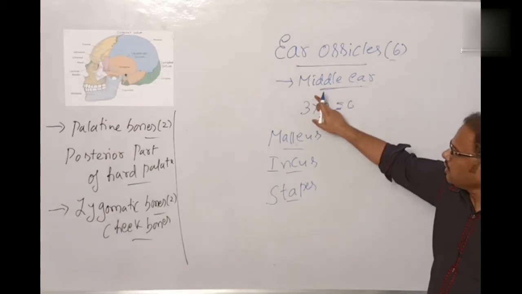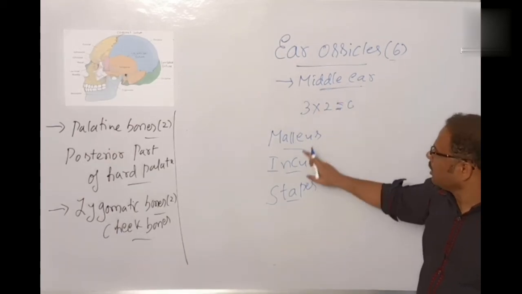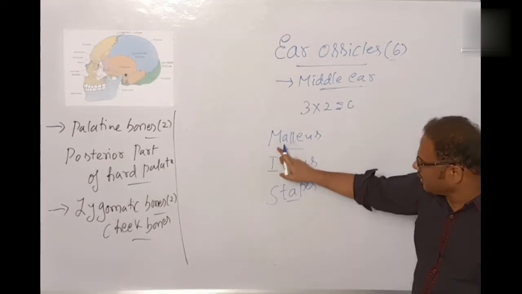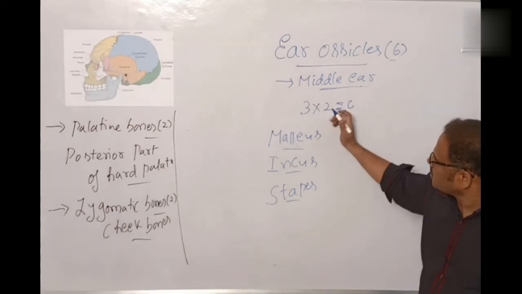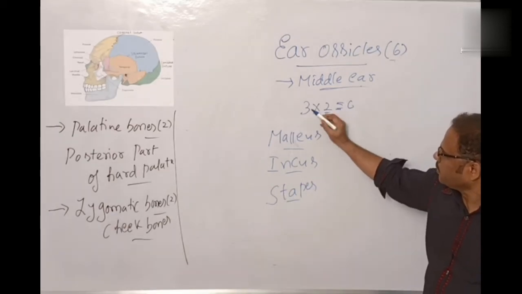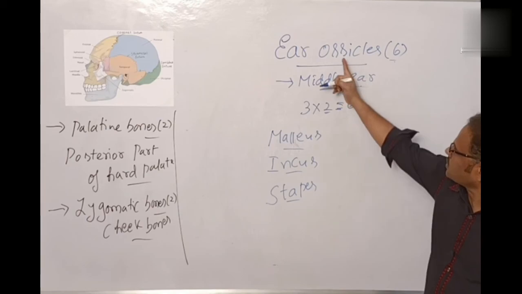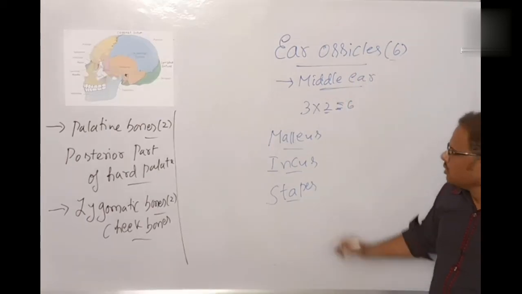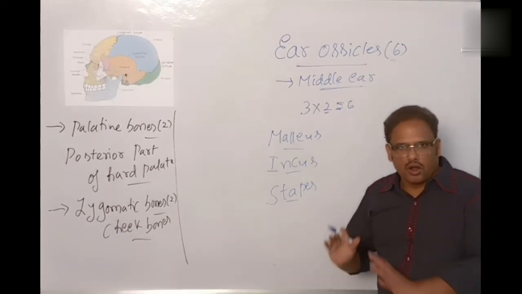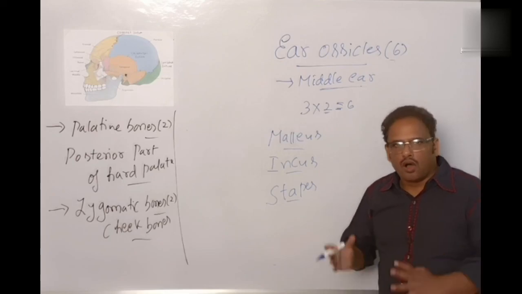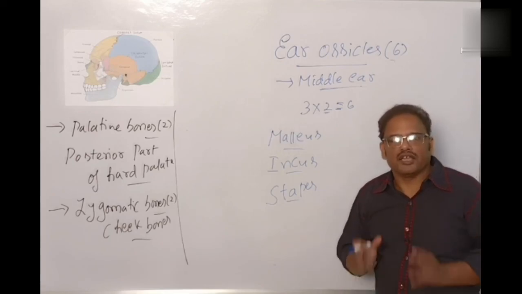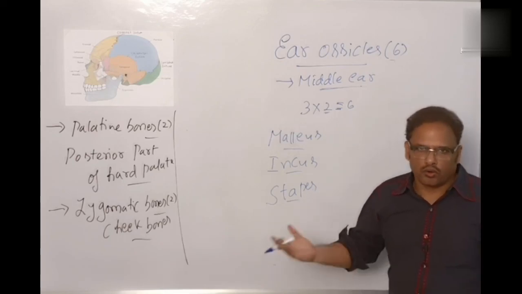Each middle ear, right and left, contains the 3 ear ossicles. Because you have got 2 middle ears, that's why 3 into 2, 6 ear ossicles. One is attached to the other bone, and it's not the stuff to explain here how they are attached. I'll be explaining under ear, that is under neural control and coordination, not now.